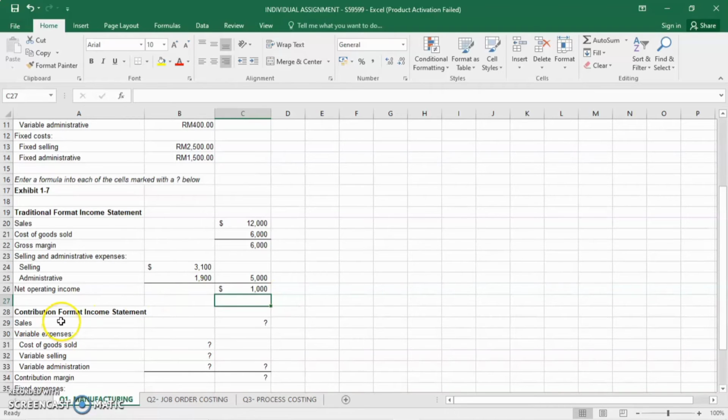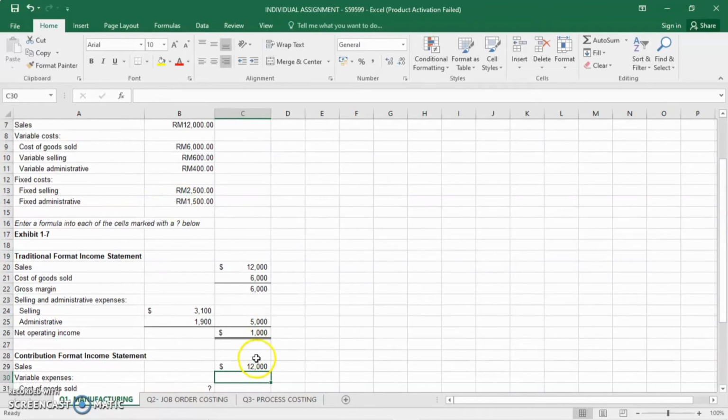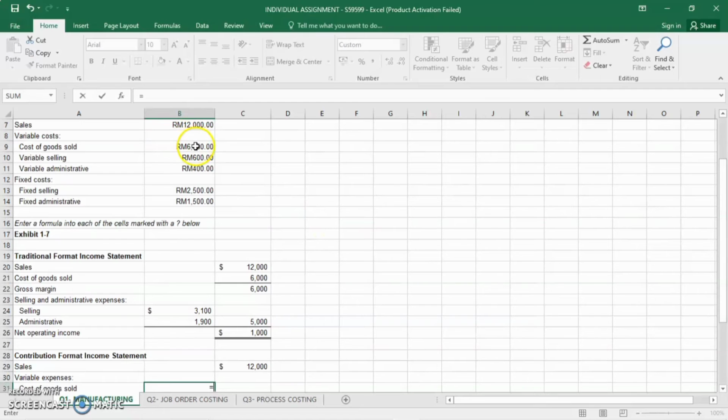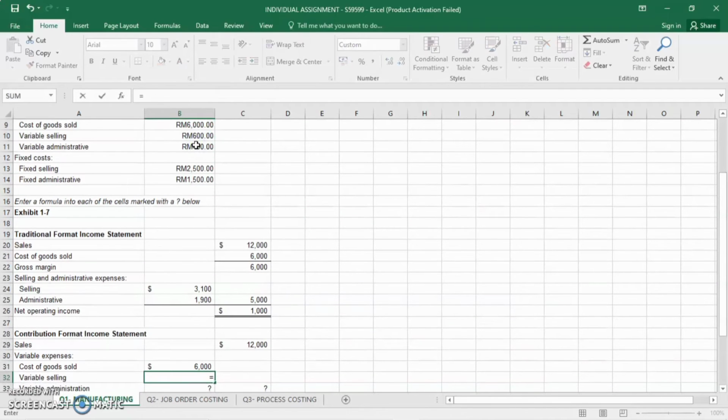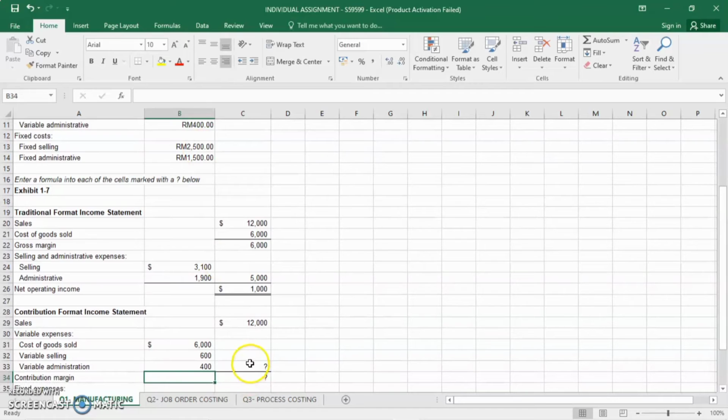Using contribution format, sales 12,000 and the total variable expenses: cost of goods sold 6,000, variable selling 600 and variable administrative 400.